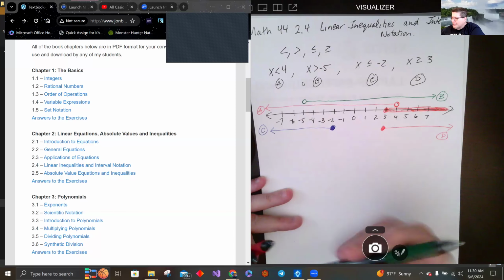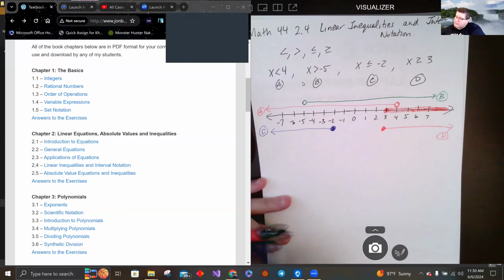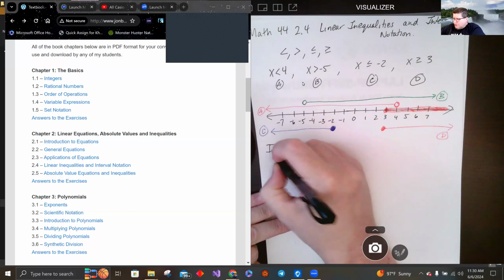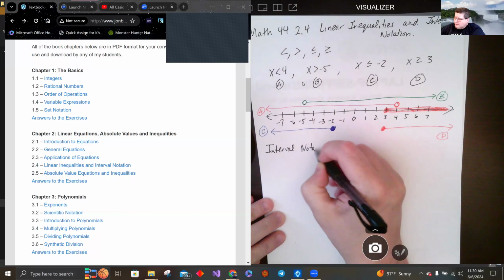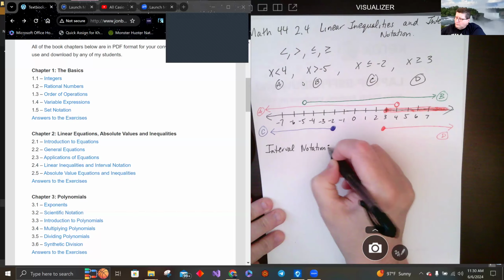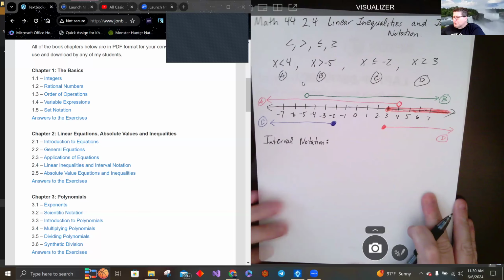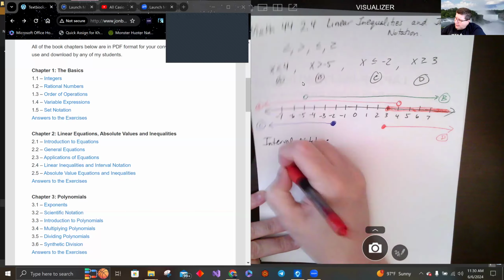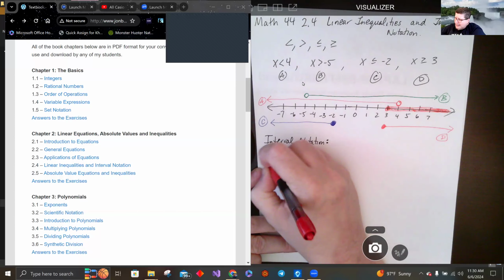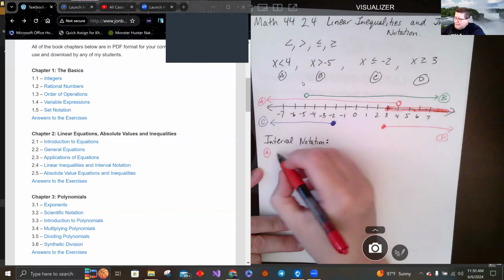What about interval notation? So interval notation has some rules. I'm going to write the notation for each of these, and then we'll discuss what makes them so.